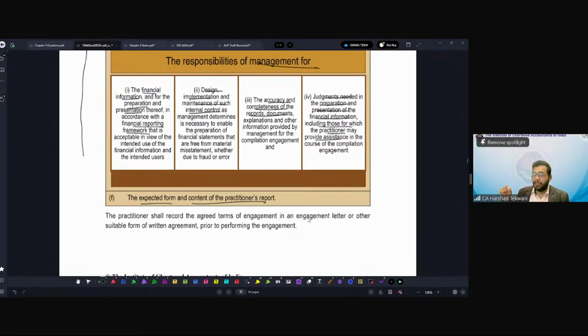So every month, before starting the compilation process or before assisting the management, you have to ensure that the terms of engagement are as they were. If they require a change, if there is a revision in terms of engagement, then that is properly agreed upon in the form of an engagement letter, and you can still perform the engagement.